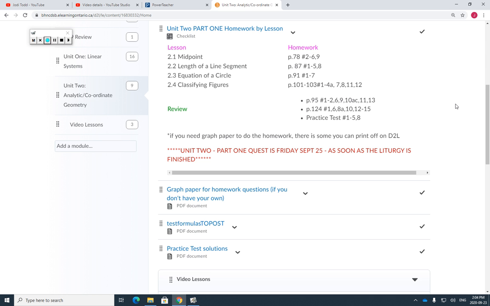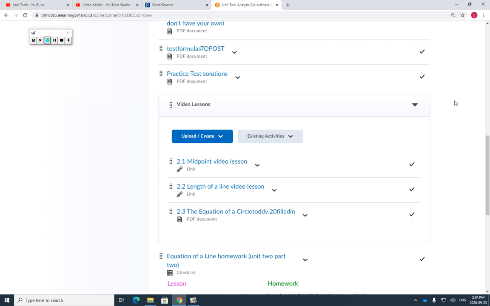You can look at the graph paper test formulas. There is a practice test. Here's the solutions for that. Also, I was so good, I almost got all the way through. There are also video lessons. So I recorded what we did. You can rewatch those, except for circle, I'm sorry. I'll put this one up as soon as I'm done talking.